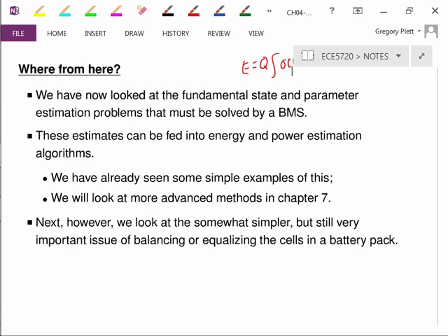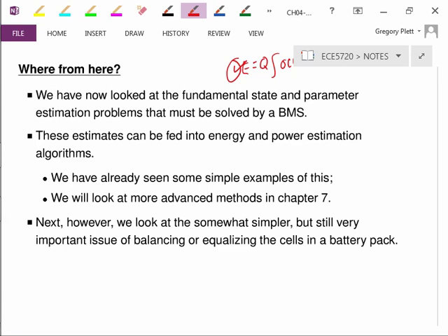And we know that we can take these estimates and put them into a computation to determine energy and power. In Chapter 1, we saw how to do energy for a cell and for a battery pack. This one here is for a cell. For a battery pack, it was similar but a little different. And we've also seen at least one way to estimate cell power and battery pack power. We're going to look at more advanced methods to do that in an upcoming chapter.